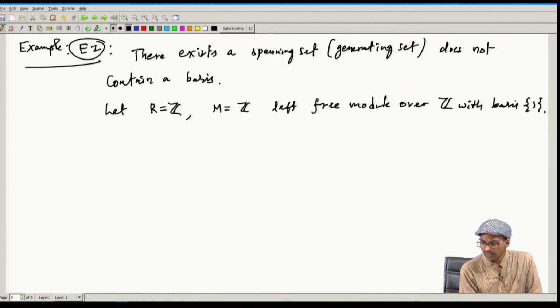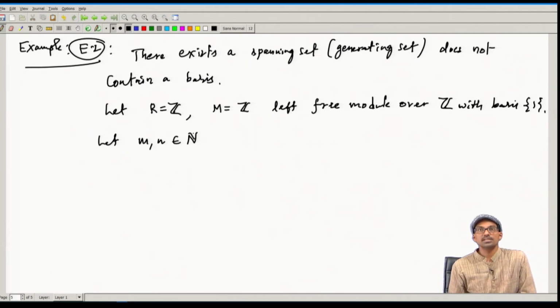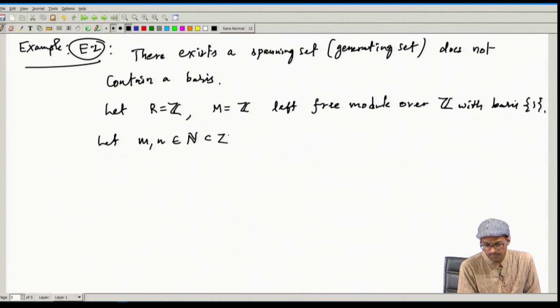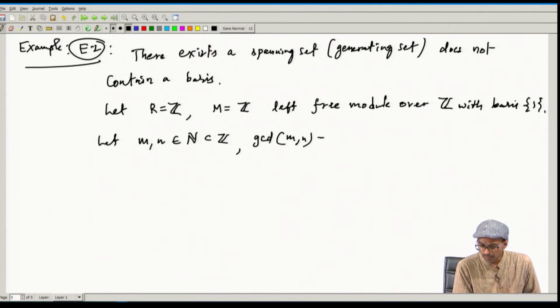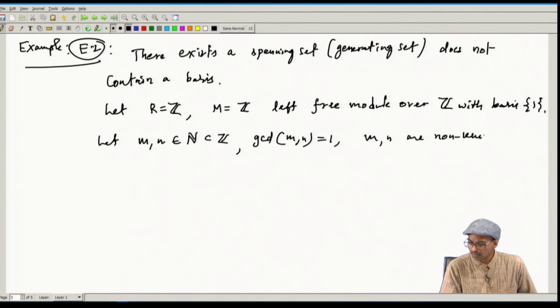So, now let me take two positive integers m and n, of course contained in Z, such that GCD of m and n equal to 1, and m and n are non-units in Z. That means that m and n are not equal to 1.